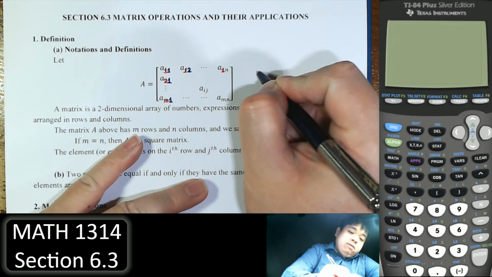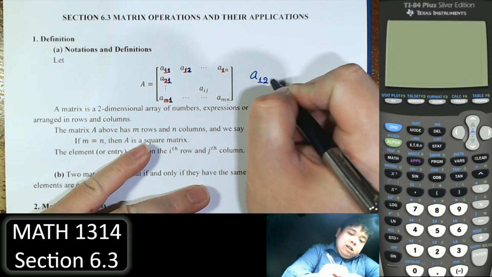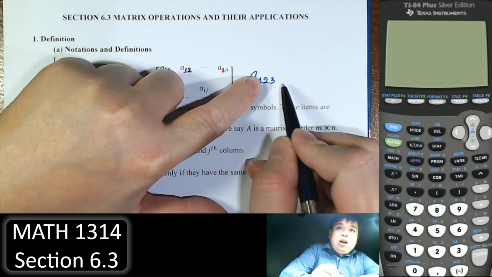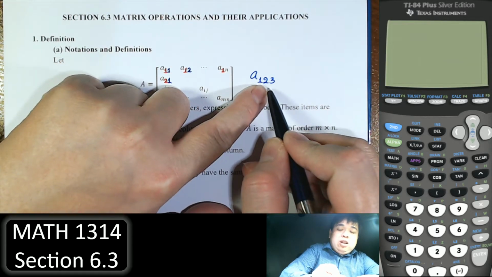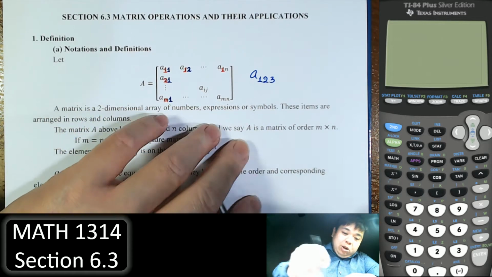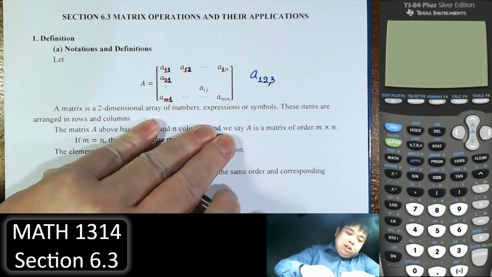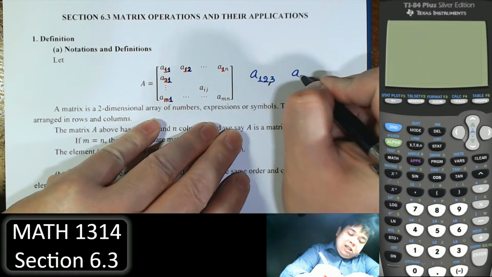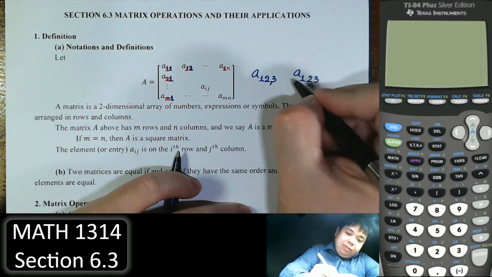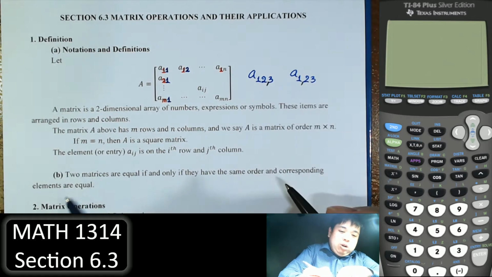When we have something like this, we don't know if that is on the first row, 23rd column, or the 12th row, 3rd column. So in that case, we write a comma to denote which one we're talking about.